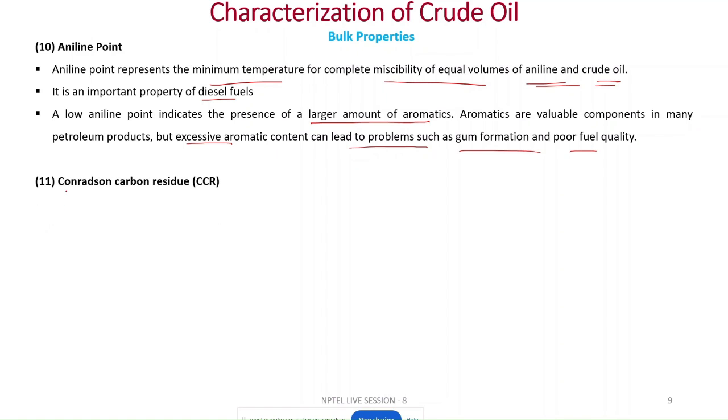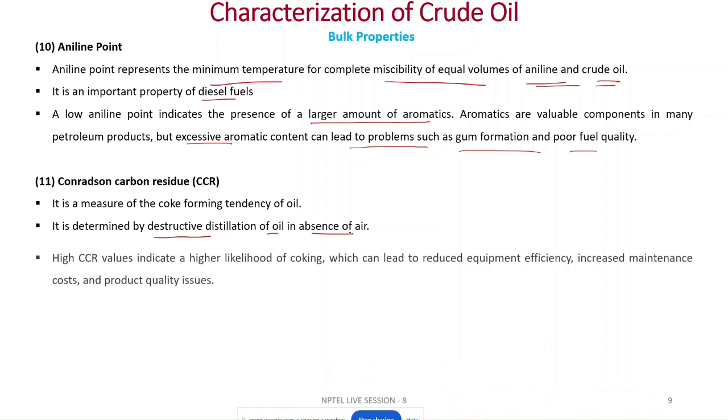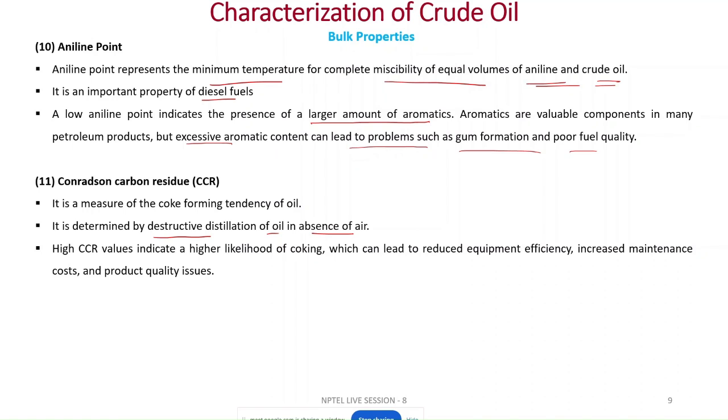The next bulk property is the Conradson carbon residue (CCR). It is the measure of the coke forming tendency of the oil. It is determined by destructive distillation of the oil in the absence of air in closed equipment.